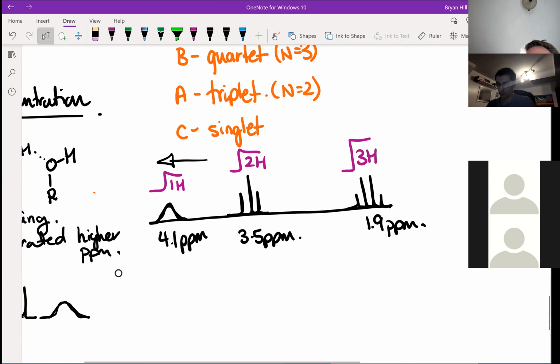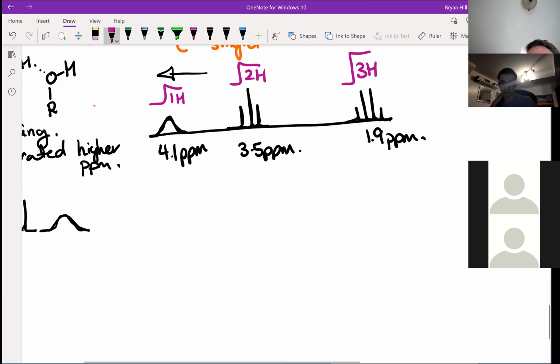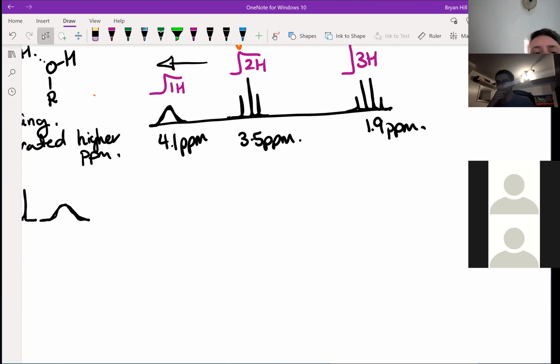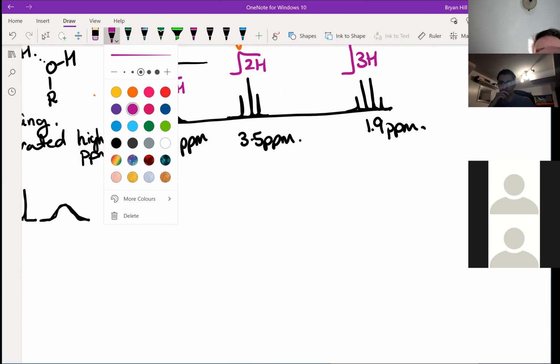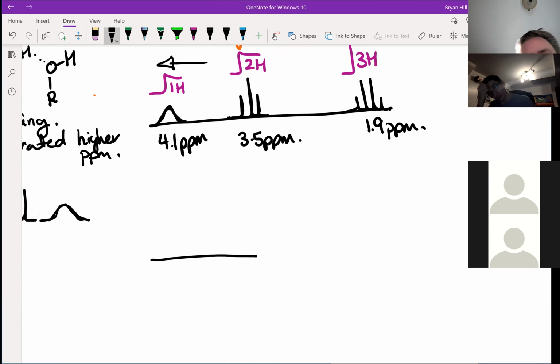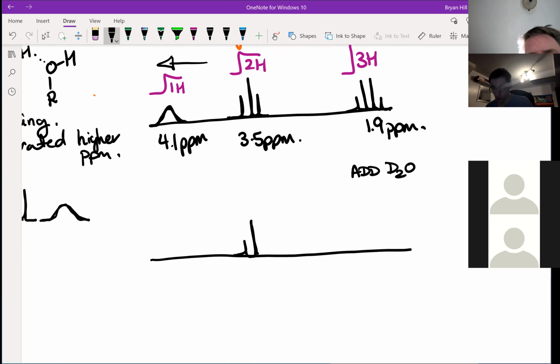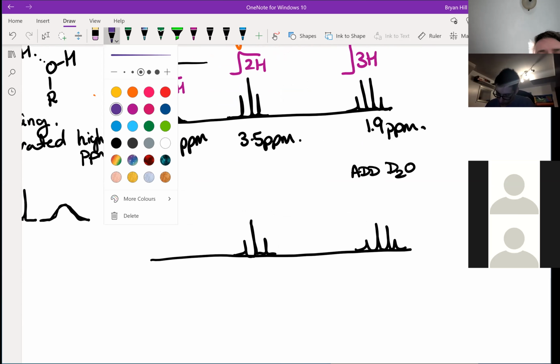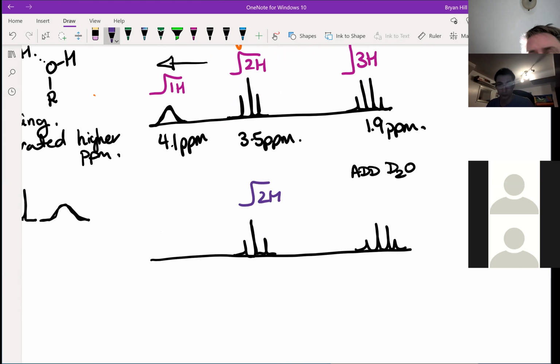If you run it in CDCl3, then take it out of the NMR, put a drop of deuterated water in there, shake it up and run the spectrum again, that OH peak just disappears entirely. So after you add D2O, shake it up and run the experiment, you end up with the spectrum minus the OH peak. So 2H, 3H.